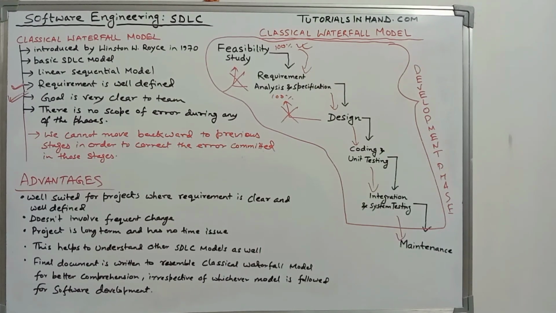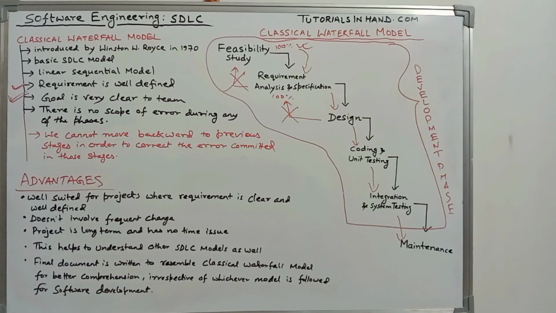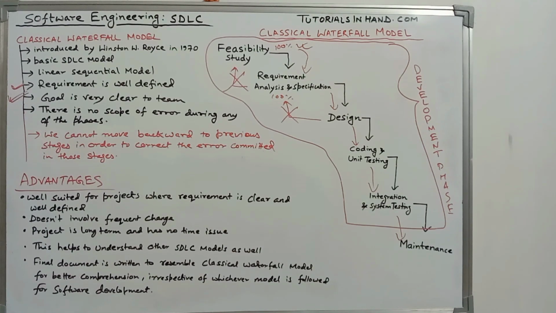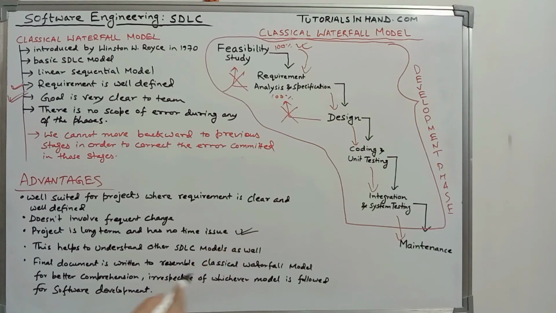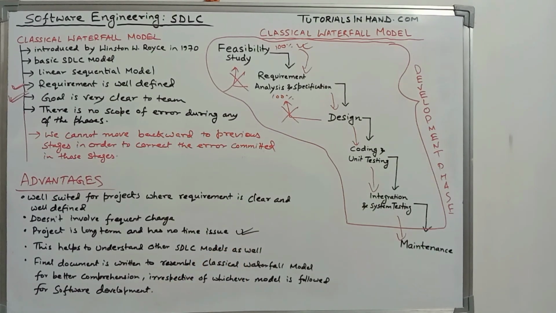So only when the project has all its goals, every requirement and every functionality very clear can we go ahead with this classical waterfall model, and it will be well suited for it. Also, it is well suited for projects which do not have a very rigid time constraint.